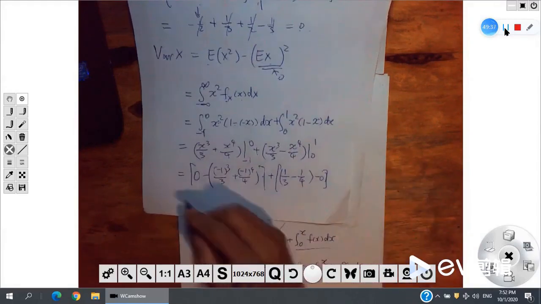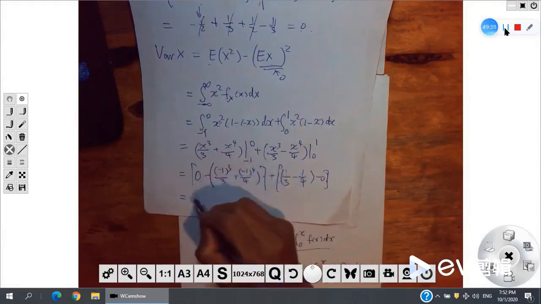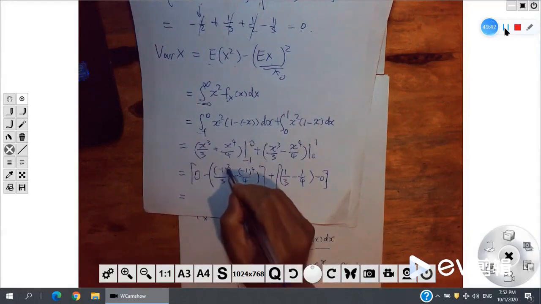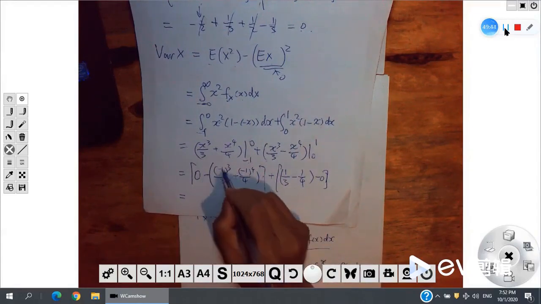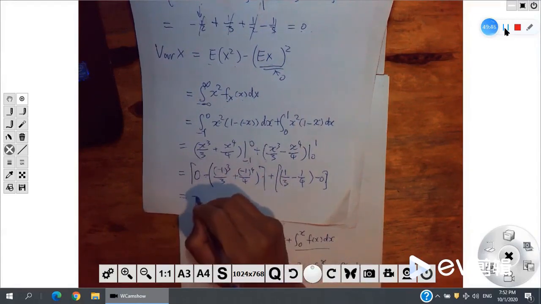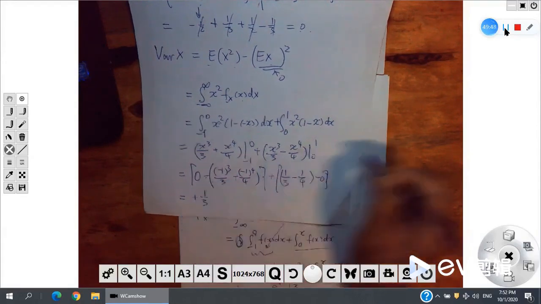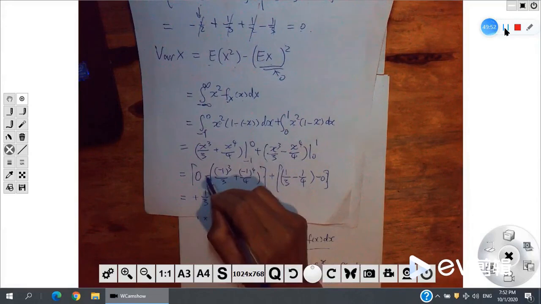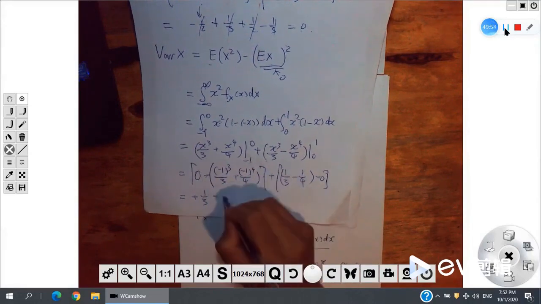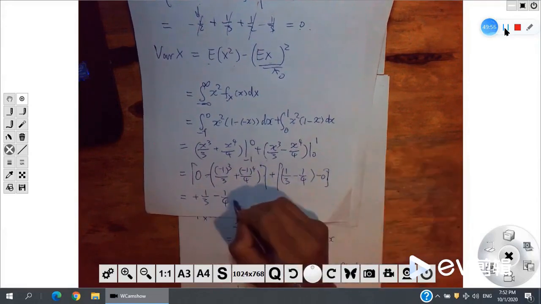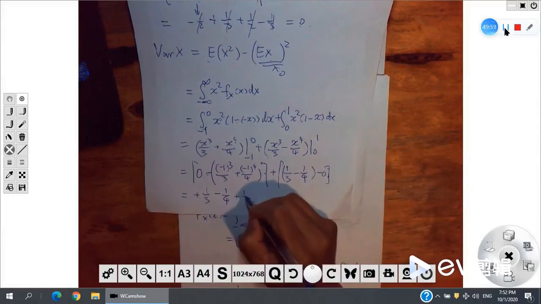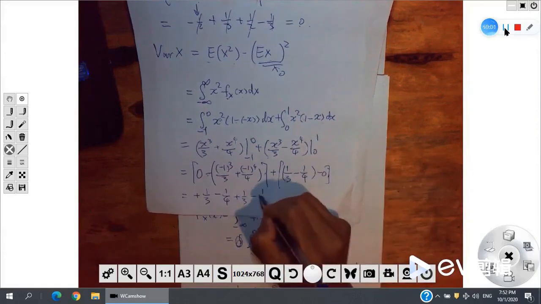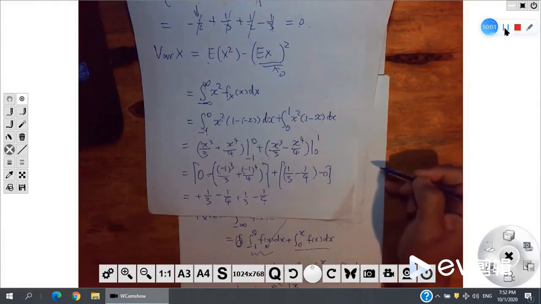Okay, so I have 3 negatives and another negative, so the first one is positive: positive 1 over 3. And this has 4 negatives and 1 more negative, so this is minus 1 over 4. And plus 1 over 3 and minus 1 over 4. So what is this?